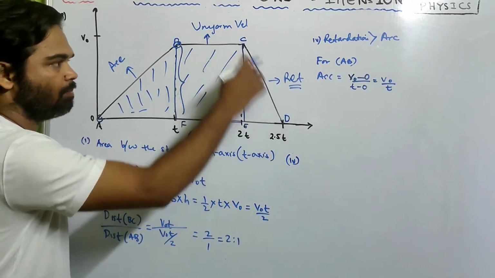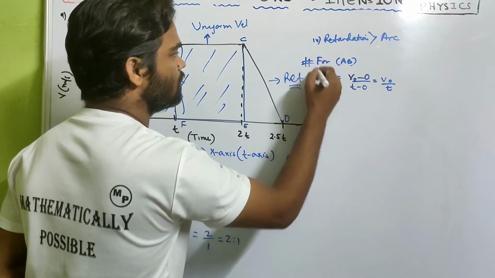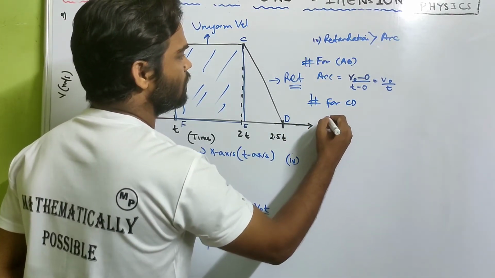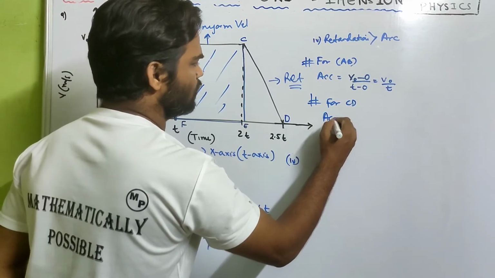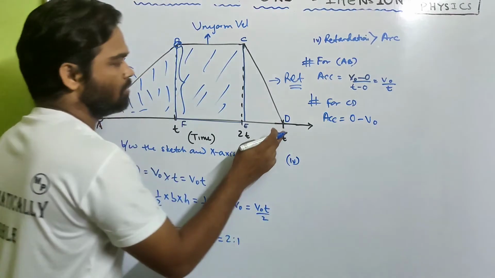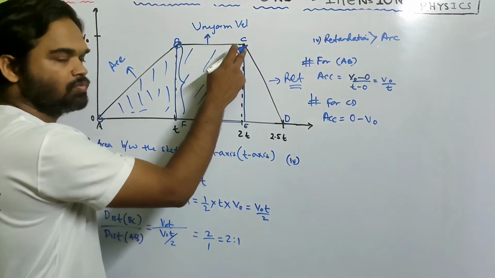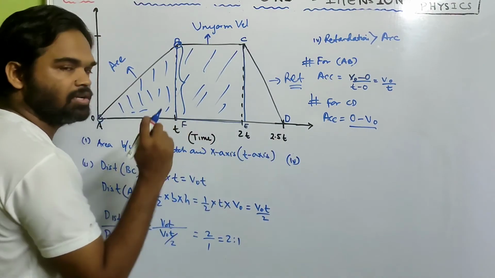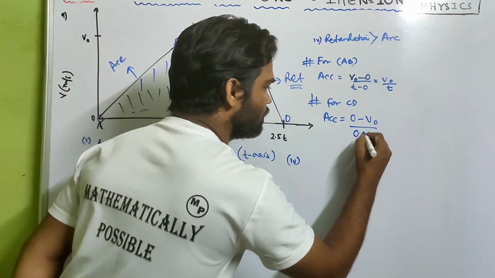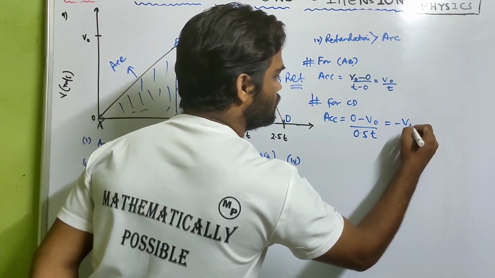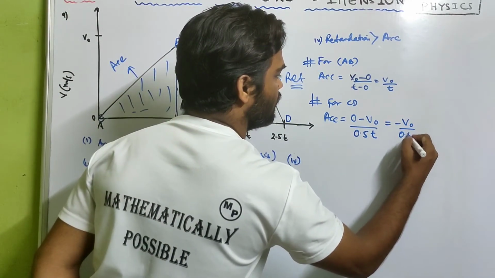Retardation when we're talking about part CD. For the part CD, your acceleration, suppose we are finding, is 0 minus v0. Final, initial was v0. Change in time is what? 2.5t minus 2t, which means 0.5t, which is minus v0 by 0.5t.